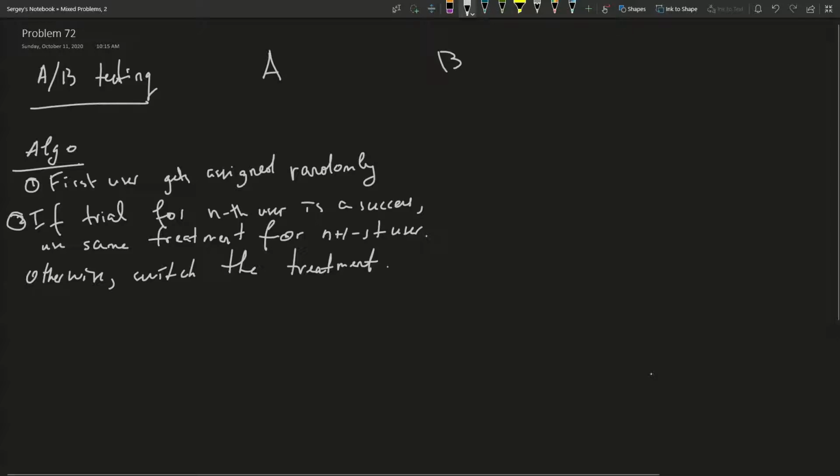The problem also makes a couple of definitions. First, let's define the following. P sub n is the probability of success on the nth trial.